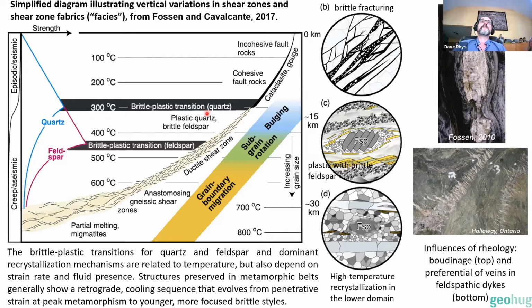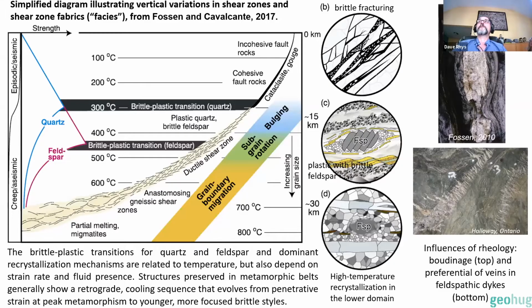So what that means is if you have a quartz-rich rock interlayered with the feldspar-rich rock, the feldspar-rich rock is going to behave in a brittle manner, and the quartz-rich rock is going to behave in a semi-brittle or ductile manner. So what we get is what we call rheological contrast, and that's evidenced, for example, in the boudinage you see in the upper right of the image here, where we have a feldspathic unit, a dike, which is becoming boudinaged.